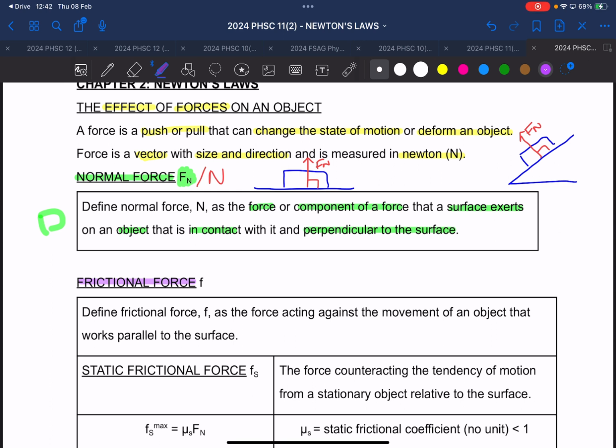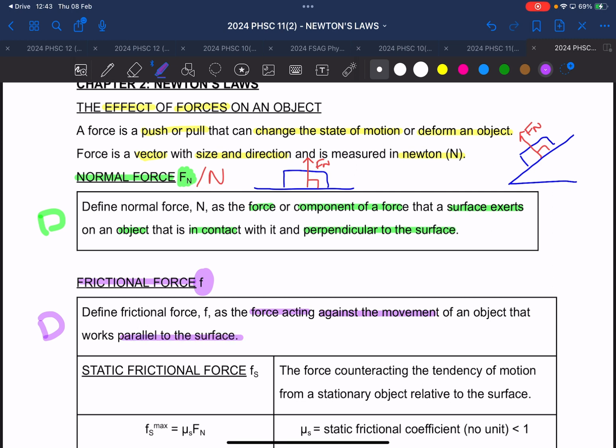Alright, frictional force. The symbol for frictional force is a lowercase f, so not a capital F, a lowercase f. So we have frictional force, and then it has 2 subheadings. Okay, so frictional force, generally, what is it? Frictional force is a force acting against the movement of an object, preventing it from moving or causing it to move slower, and it works parallel to the surface.